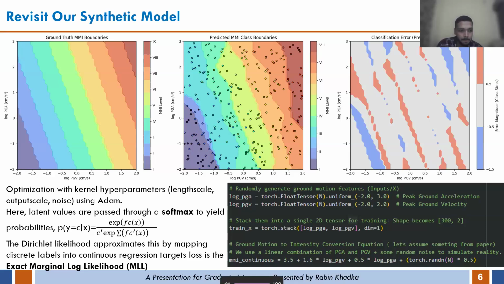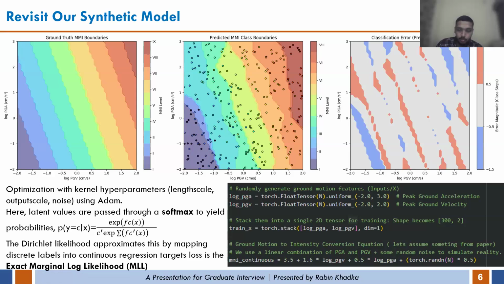On that aspect, the development that has been done is that we have first developed the synthetic model using a linear combination formula that you can see here, that has the relation of MMI with PGV and PGA, and some random noise that we could get in the field. With this formula and some randomly generated motion features, the MMI classification has been done using the Gaussian process classification method.